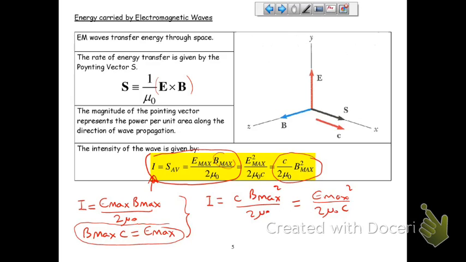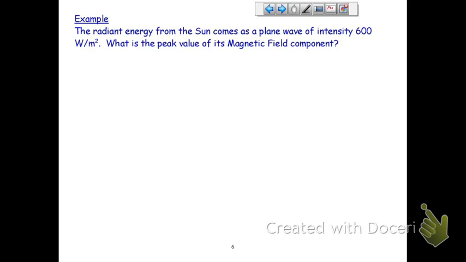So what's going to happen here? I could tell you an intensity of light and ask you for a B max, or I could ask you for an E max, or I could give you a B max or an E max and ask for an intensity of light. The radiant energy of the sun comes as a plane wave of intensity 600 watts per square meter.